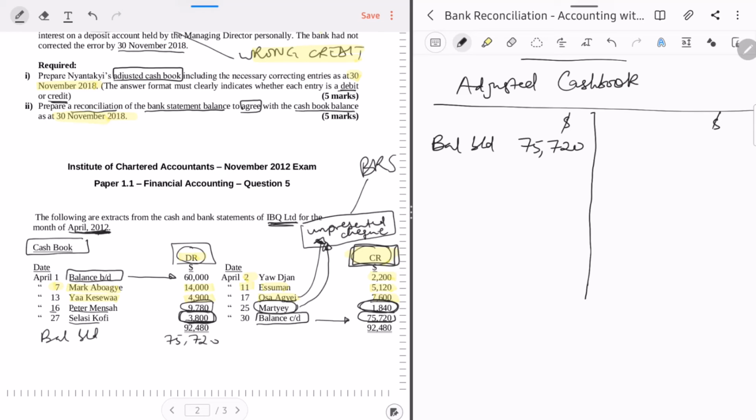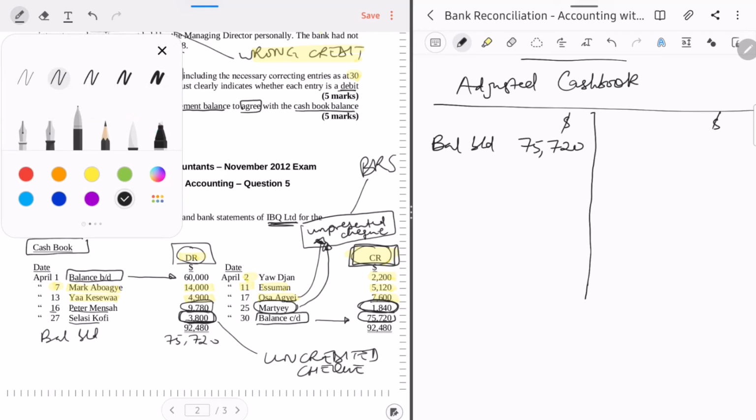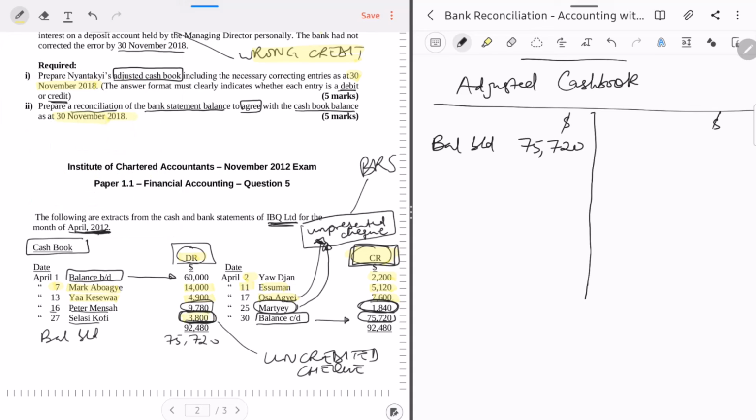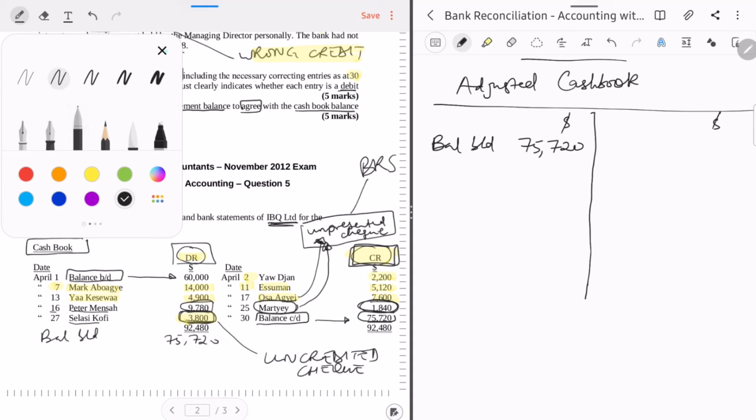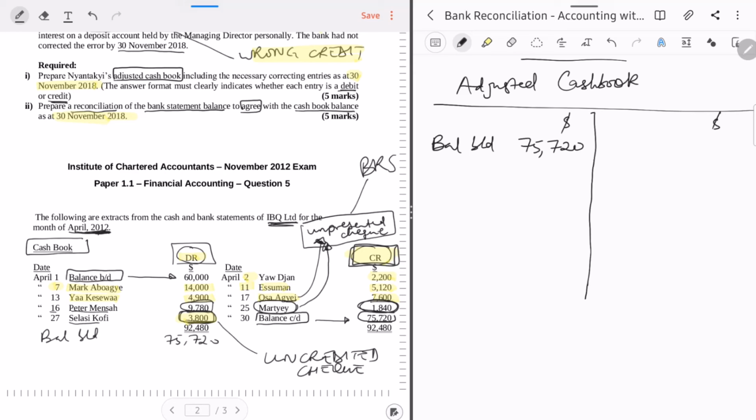We have received money from this guy. If the bank has not yet credited us, then this is what? An uncredited check. That's all. Uncredited check. So we have one uncredited check here of 3,800.